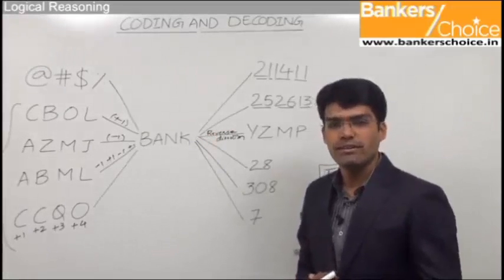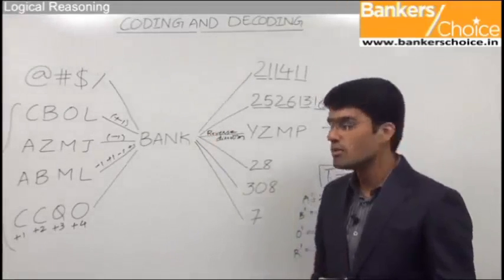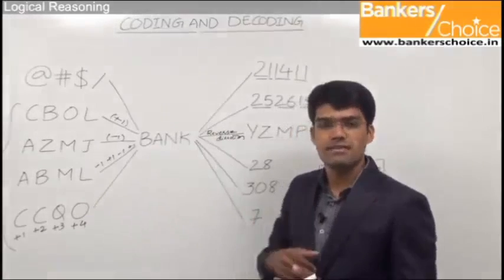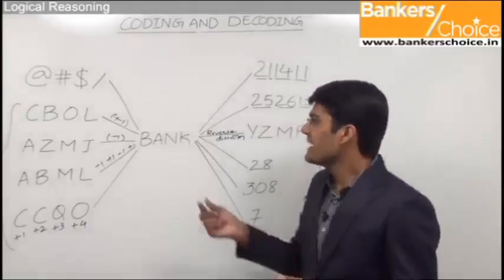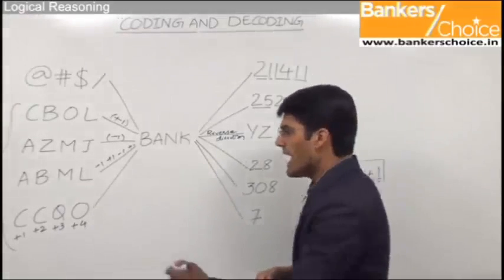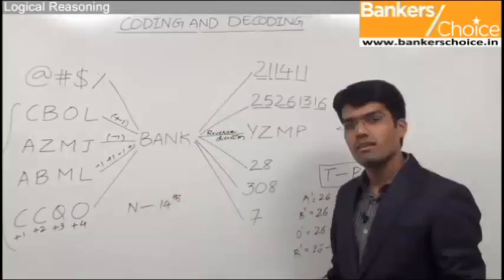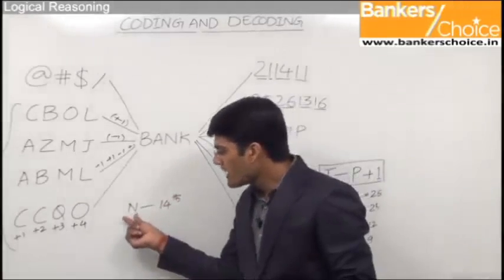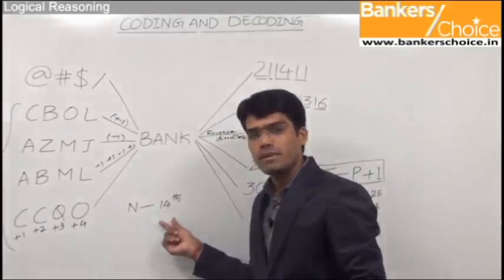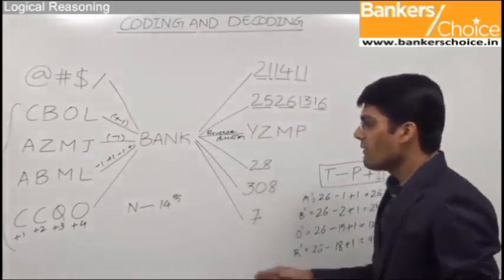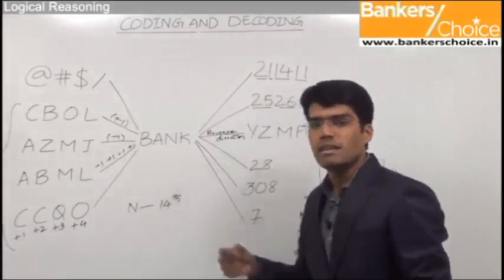Before we move to the next model, let us understand how to find out the letter which comes in position of these letters from the reverse side. Let's take the letter N. We know that in the alphabetical order, N takes 14th position. Now to find out what letter is going to come in 14th place from the reverse alphabetical order, what we can do is, first of all, find out the position of N from the reverse side.